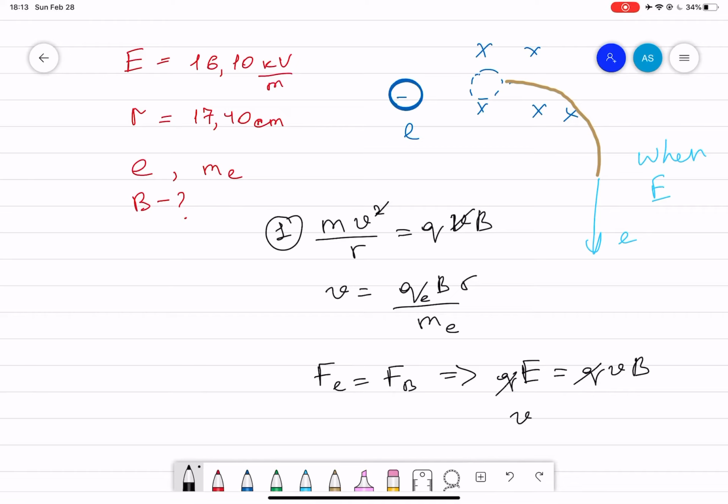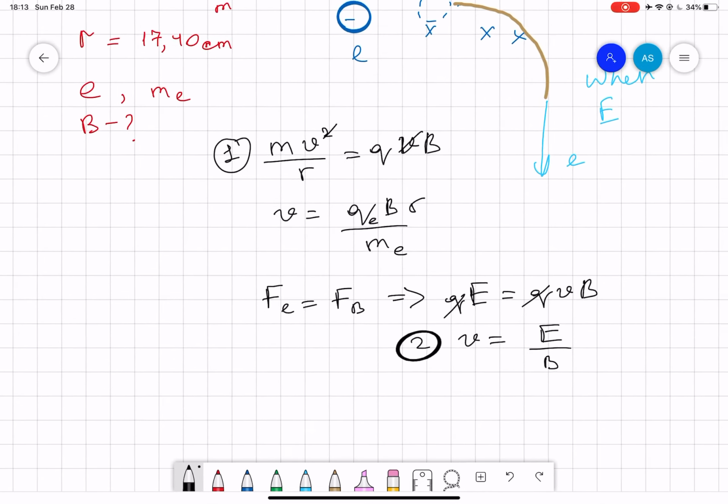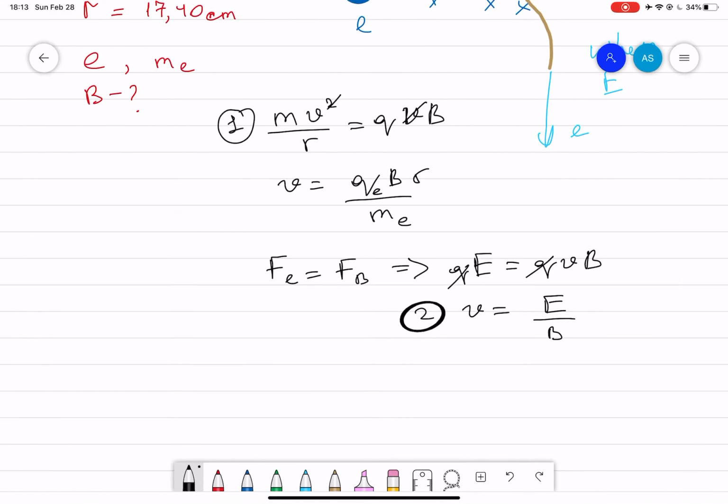Then we know that v is equal to E over B. Now we're going to take this second formula and substitute it into the first equation.